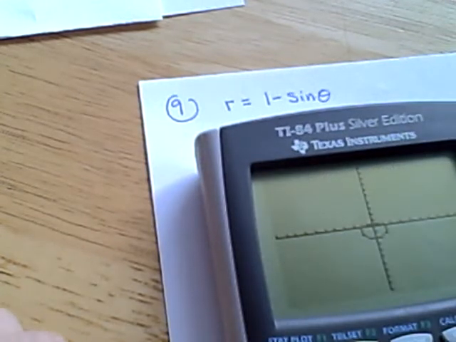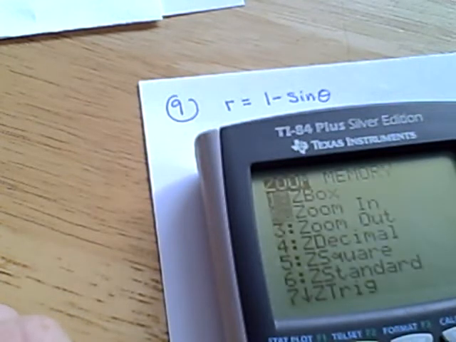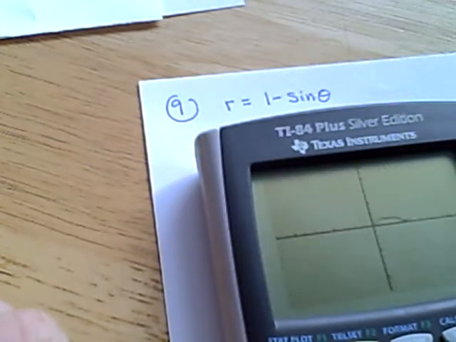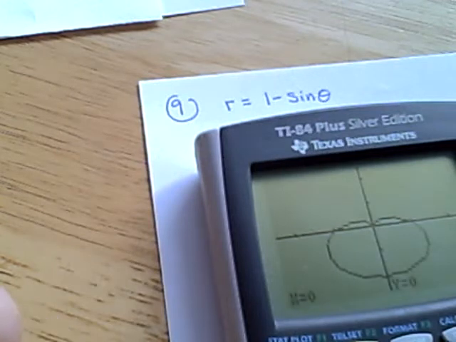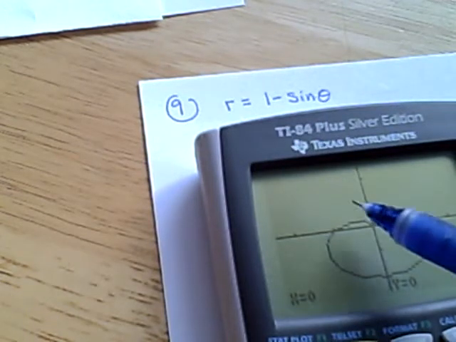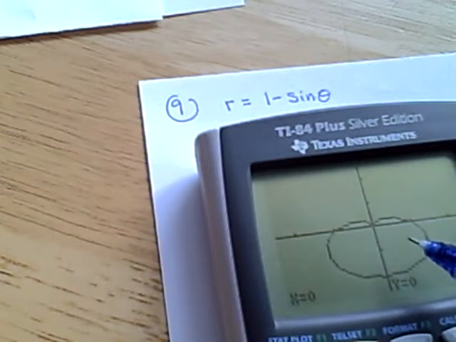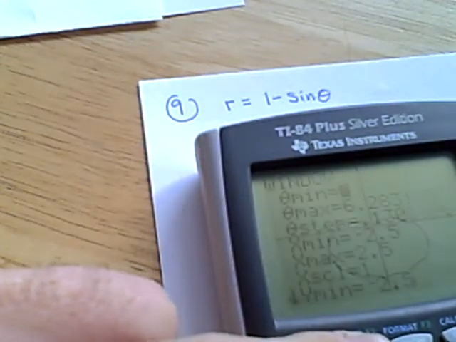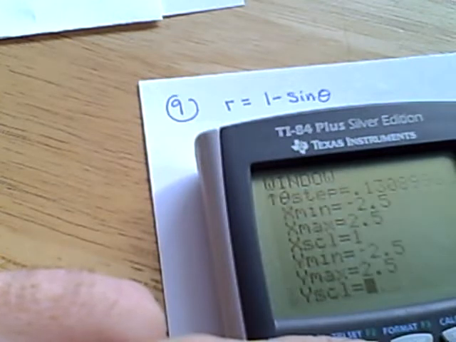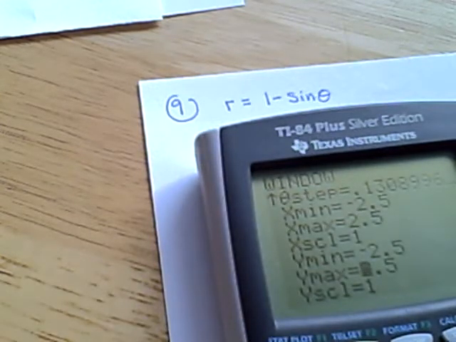So it's not a very good picture, so I'm going to zoom in. Alright, so notice we have one of these limaçons sort of symmetric on the y-axis. And we have these two pieces that are between the x-axis and the graph. In fact, I'm even going to zoom in a bit more, just for a little better picture.